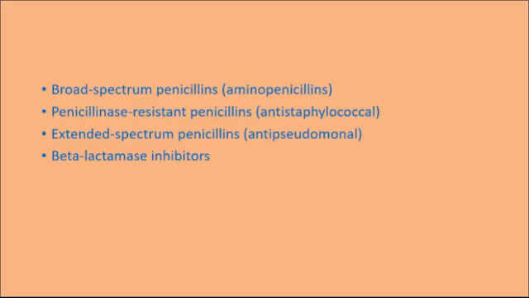Okay, so this slide, the different ones that they have expanded. First, the broad spectrum penicillins. The names that are in parentheses are very helpful to help you remember what is in that class, or what they do, what they kill. So the broad spectrum, which came out first, the aminopenicillins, are amoxicillin and ampicillin.